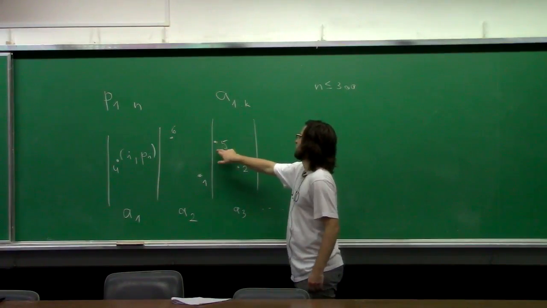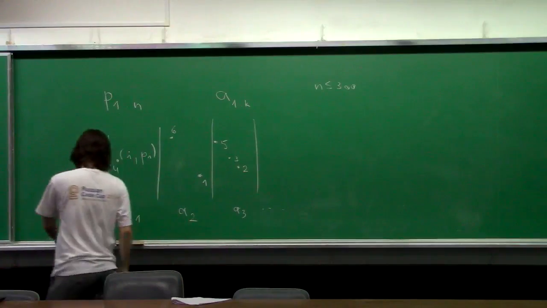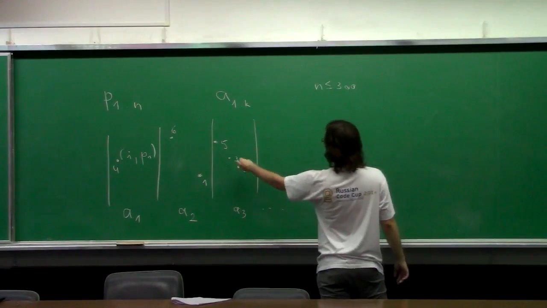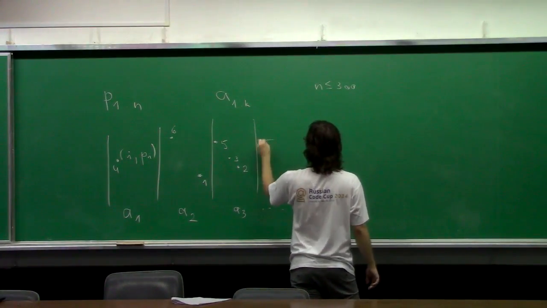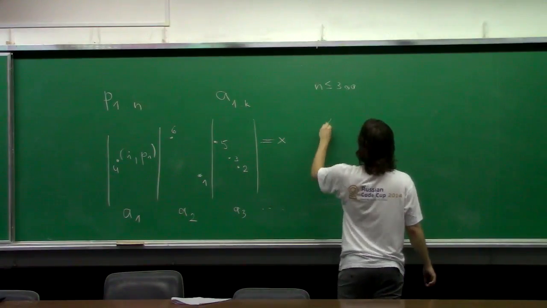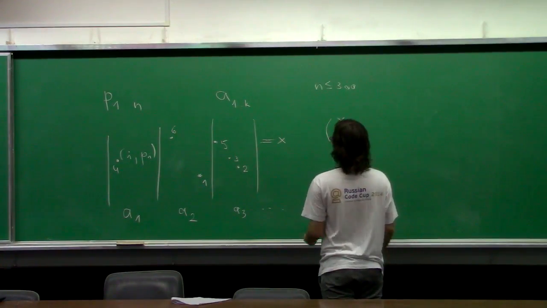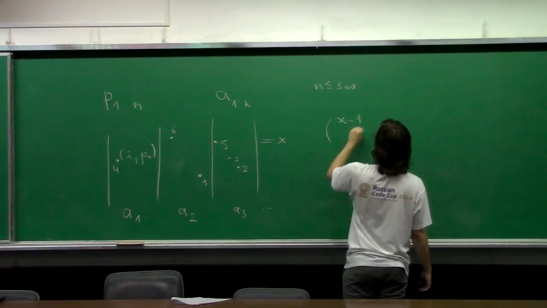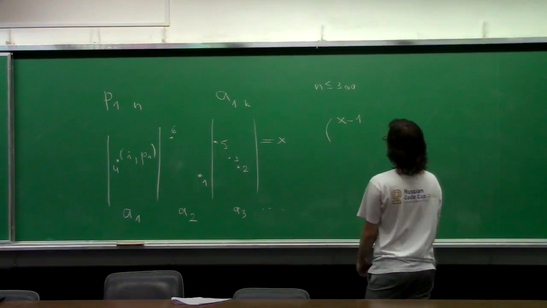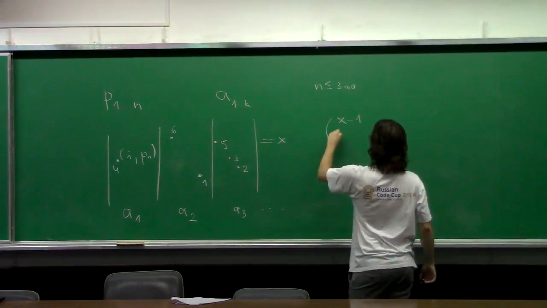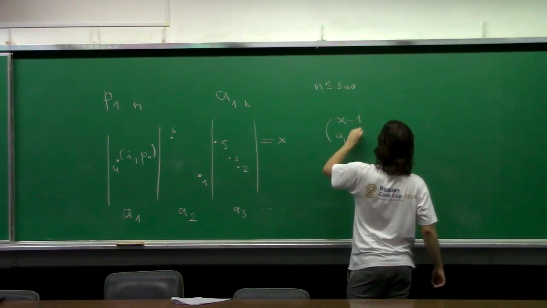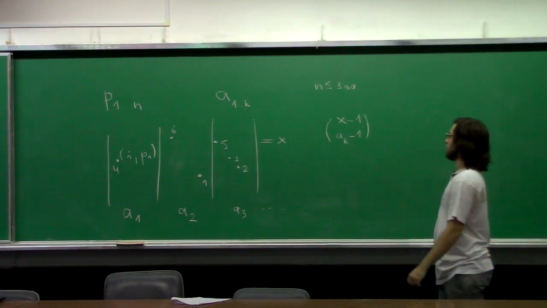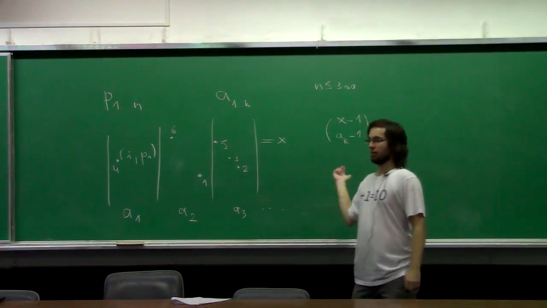So if we choose this number, this first number of the monotonic segment number k, and this is equal to x, then there are x minus 1 choose AK minus 1 ways to choose this remaining AK minus 1 numbers, because x cannot be counted in here.